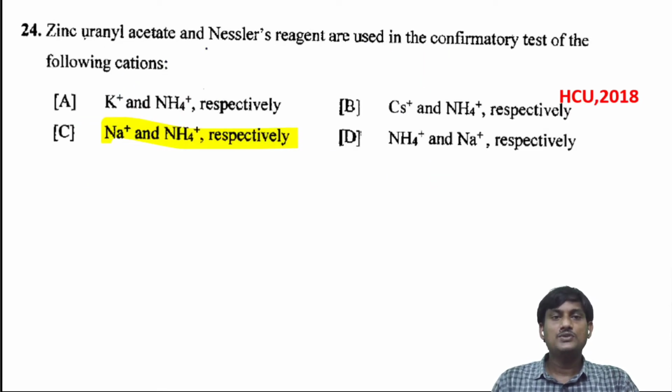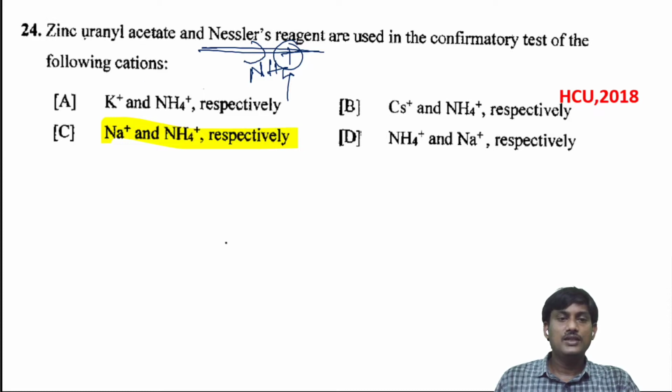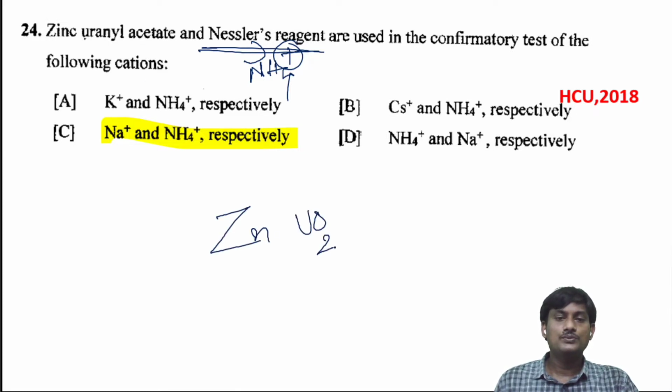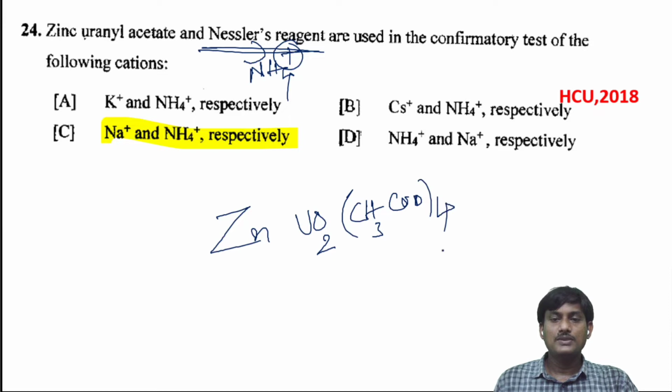Zinc uranyl acetate and Nessler's reagent are used in the confirmatory test of the following cations. Okay, Nessler's reagent, we know this one is used for the confirmation test of ammonium, NH4 plus cation. And the zinc uranyl acetate, this is zinc uranyl acetate, UO2 and CH3COO 4 times.